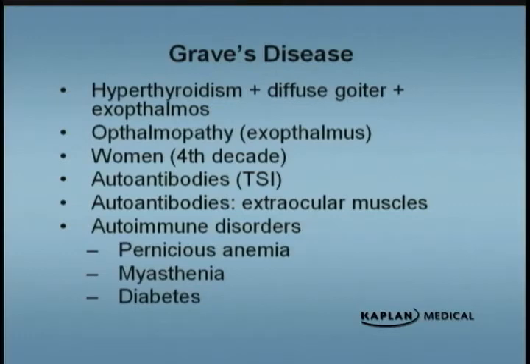Now, I want you to remember these antibodies because they've asked questions about them. These antibodies are called TSIs, or thyroid stimulating immunoglobulins. We see those in about 95% of the cases in Graves' disease.